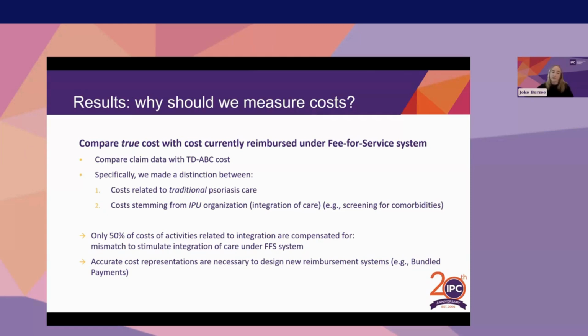Here we made a distinction between the cost related to traditional psoriasis care, so not taking into account the screening of comorbidities, for instance, or the other tasks related to comorbidity treatments, and on the other hand, the costs that were specifically for the integrated practice unit, so the costs that were necessary because they wanted to integrate their treatment. And we found that only 50% of the costs that relate to integration are compensated for. So there's a large mismatch between the fee-for-service system and the aim to stimulate integration within healthcare.